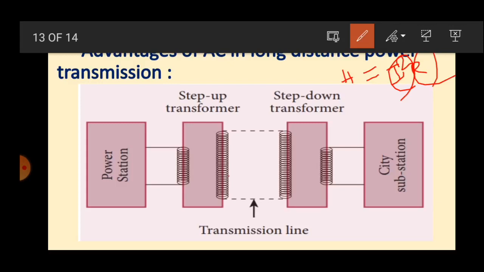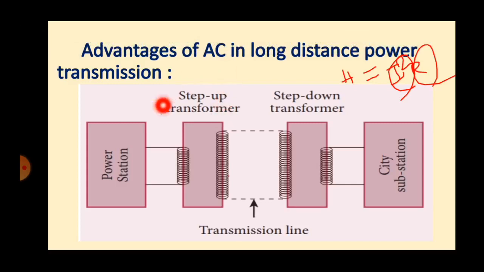Already you know the step up transformer for alternating current: the transformer converts low voltage to high voltage. This is a step up transformer. Are you clear? But a step down transformer converts high voltage to low voltage.